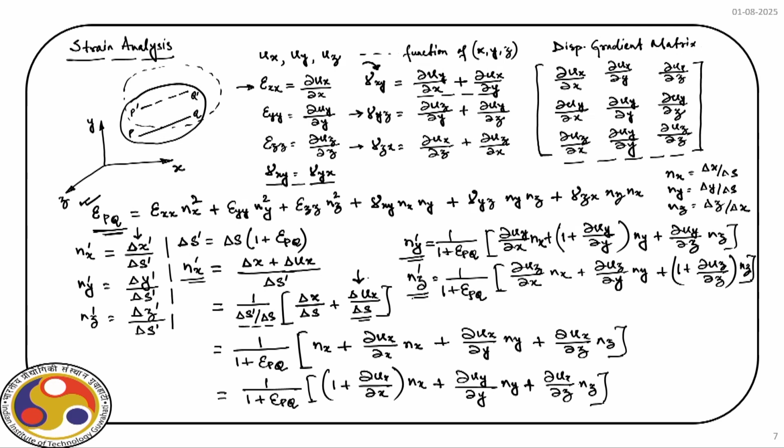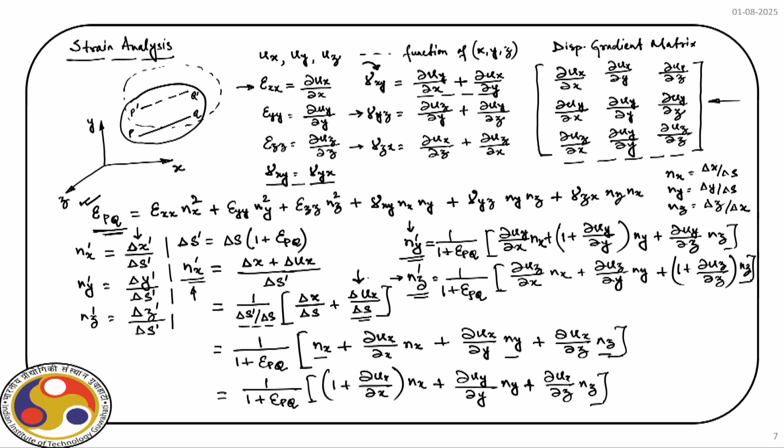And carefully look at the expression. It depends on the components of this displacement gradient matrix. So, the moment you find out the displacement gradient matrix, then immediately we can quantify all these quantities. So, what we need are nx, ny and nz plus the components of this displacement gradient matrix, and then immediately we can find out nx prime, then ny prime and nz prime, right.